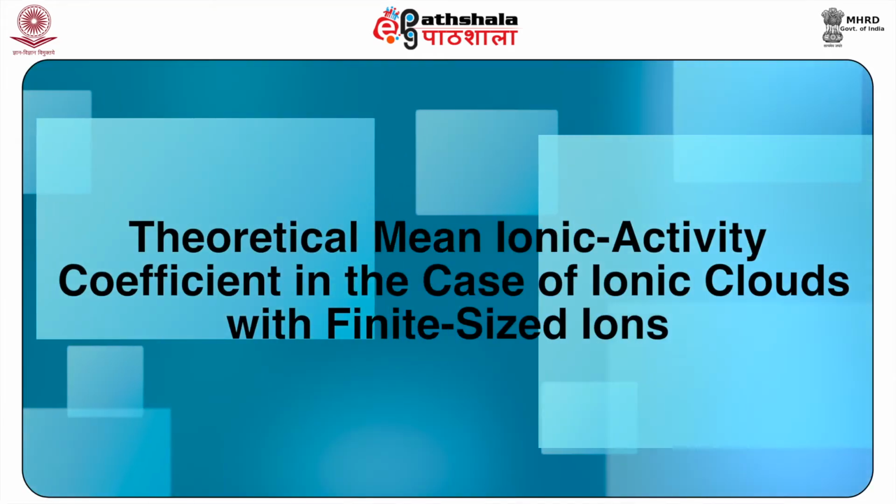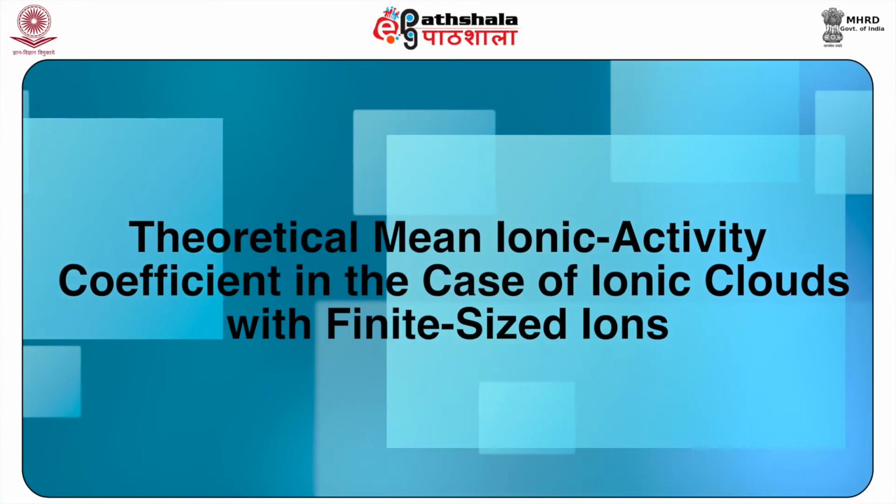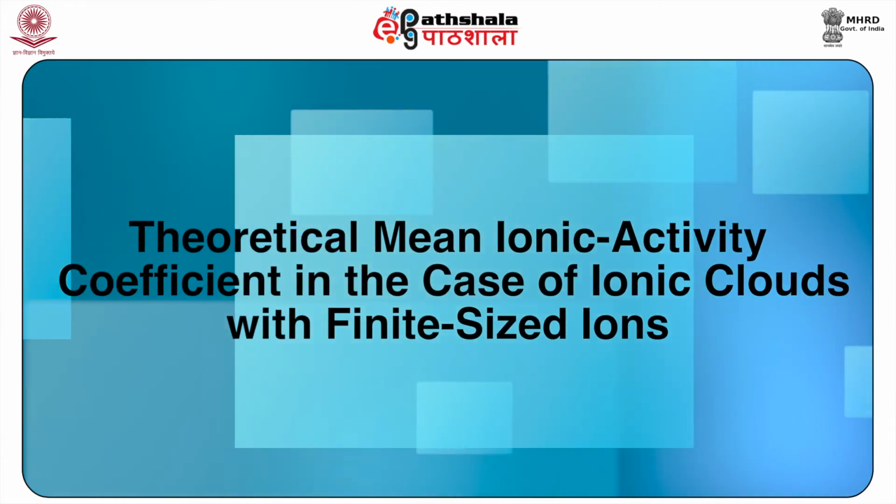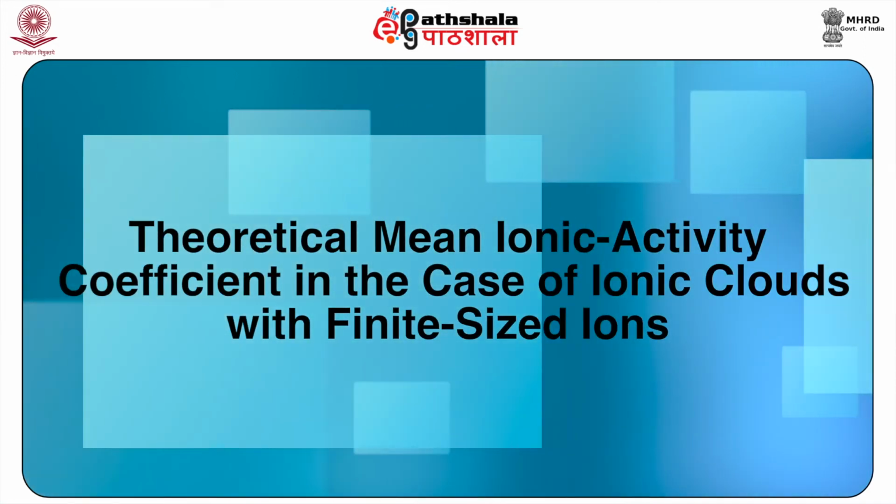Now we shall see the theoretical mean ionic activity coefficient in the case of ionic clouds with finite sized ions. In order to obtain the ionic atmosphere contribution ψ cloud to the potential ψ(r) at a distance r from the central ion, we utilize the law of superposition of potentials.